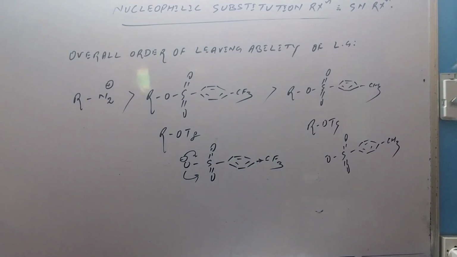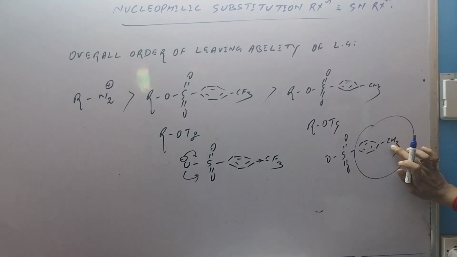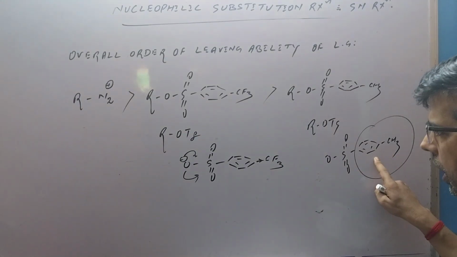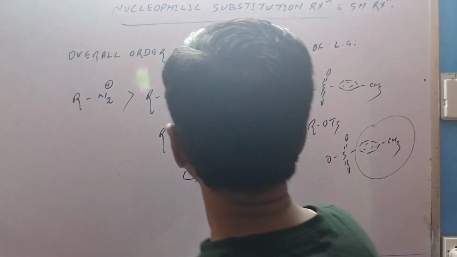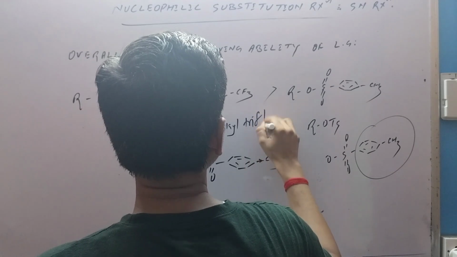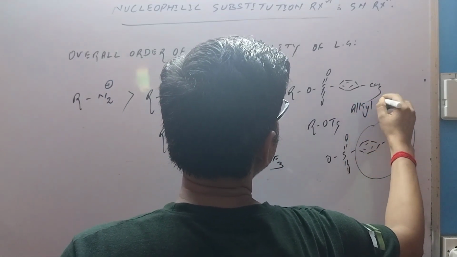The reason is that in the p-toluene group, the positive hyperconjugation effect of CH3 repels electron density of the ring as compared to triflate anion. This is alkyl triflate, this is alkyl tosylate.